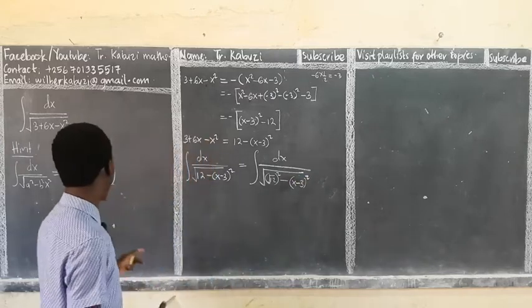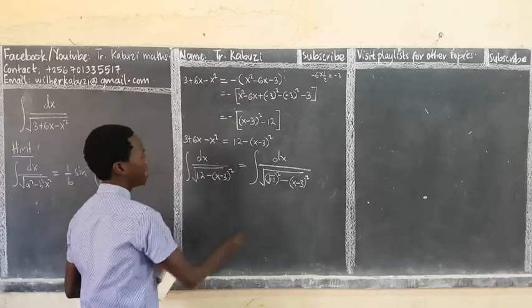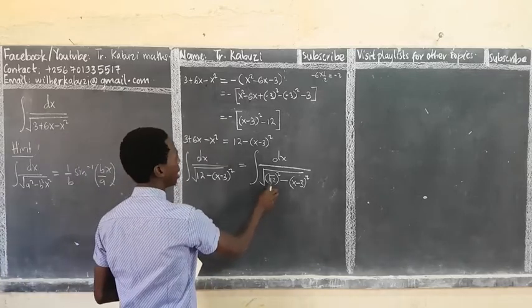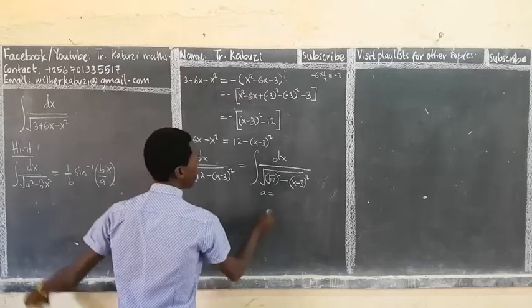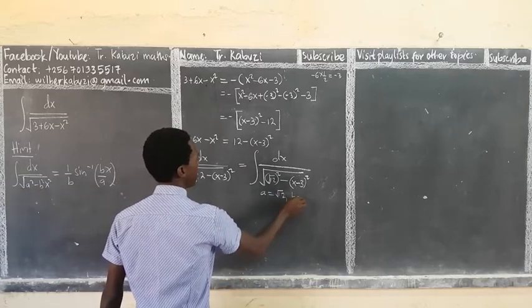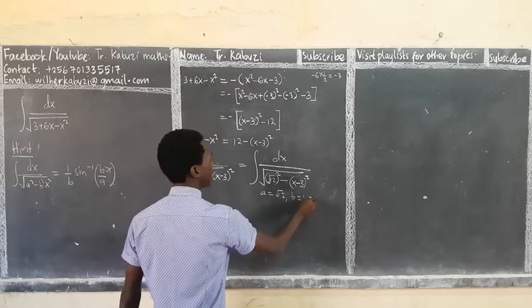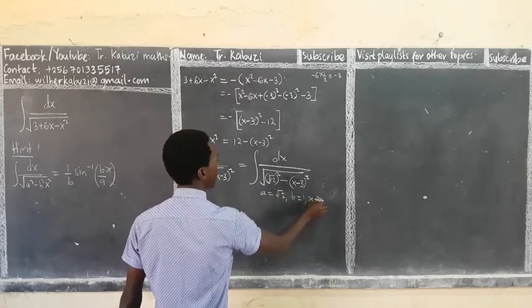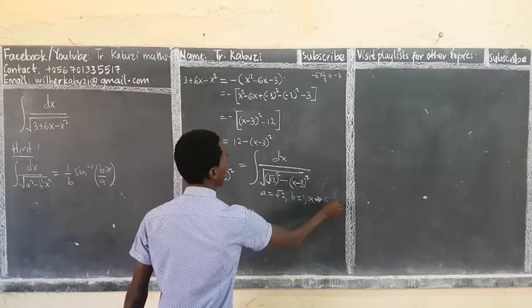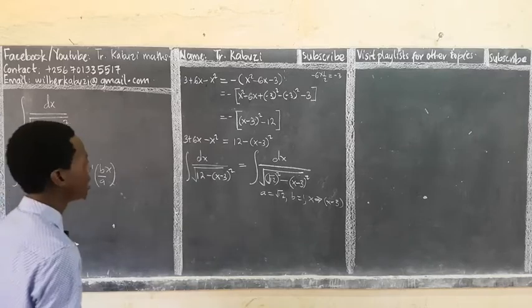So from here, you can now compare our a. If you compare with this, you can see that my a is going to be root 12. Then my b, you see here we have 1 squared, it's going to be 1. Then my x is going to be represented by x minus 3. Then we just substitute into this.